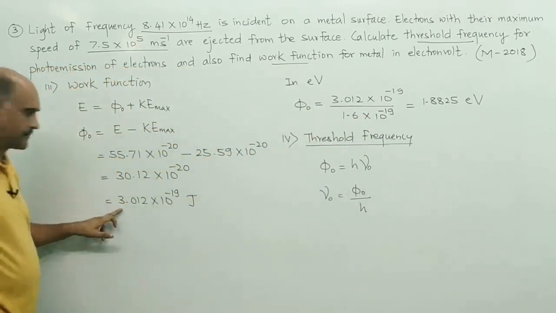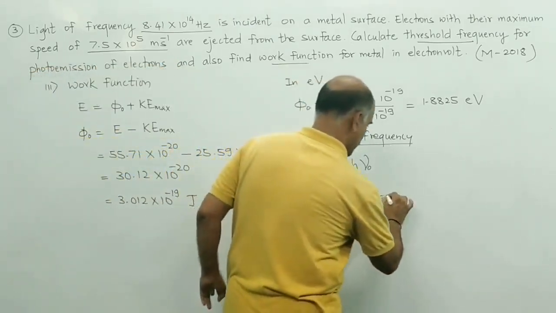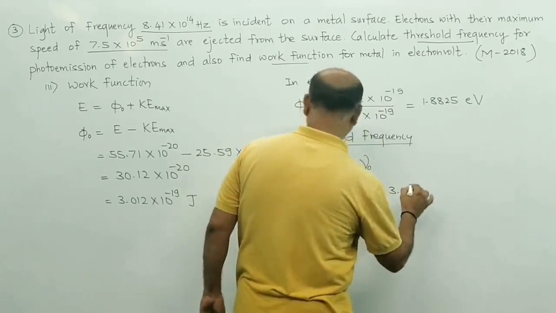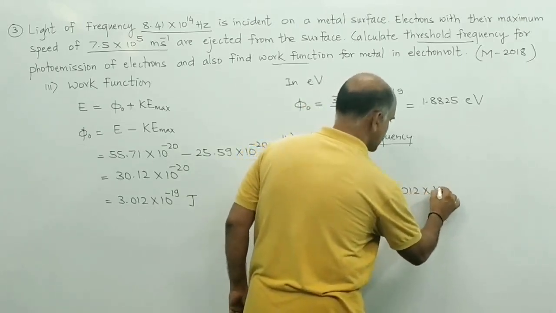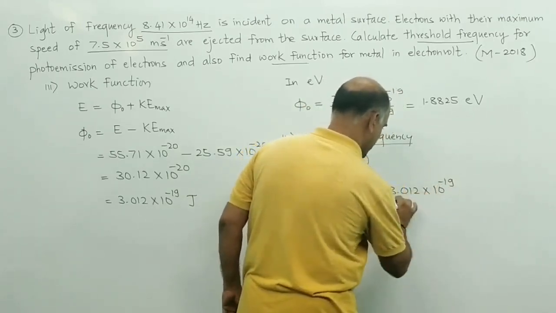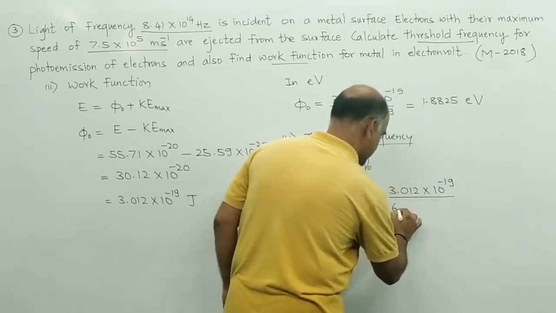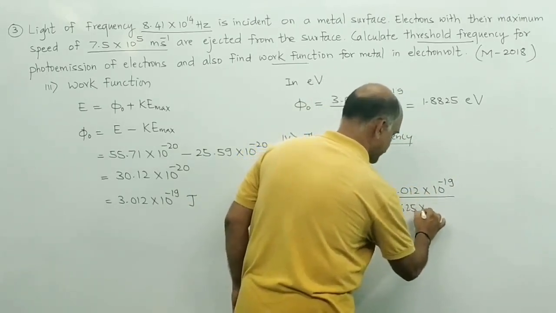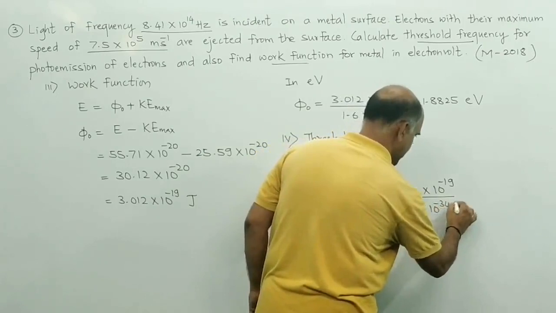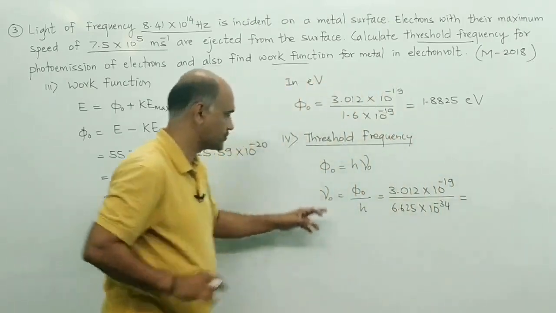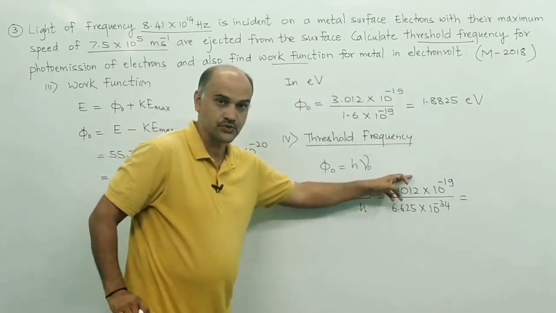So if I take 3.012 into 10 raised to minus 19 divided by 6.625 into 10 raised to minus 34. Again you should remember that phi naught should be in joules.